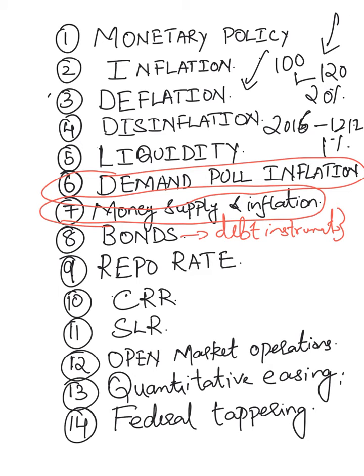So indirectly, as a company, I have borrowed money from these investors and have given them a guarantee called a bond, and I'm calling it a debt instrument because I have borrowed money using this instrument called a bond. What is the benefit for those investors who have purchased this bond? They will be receiving interest.